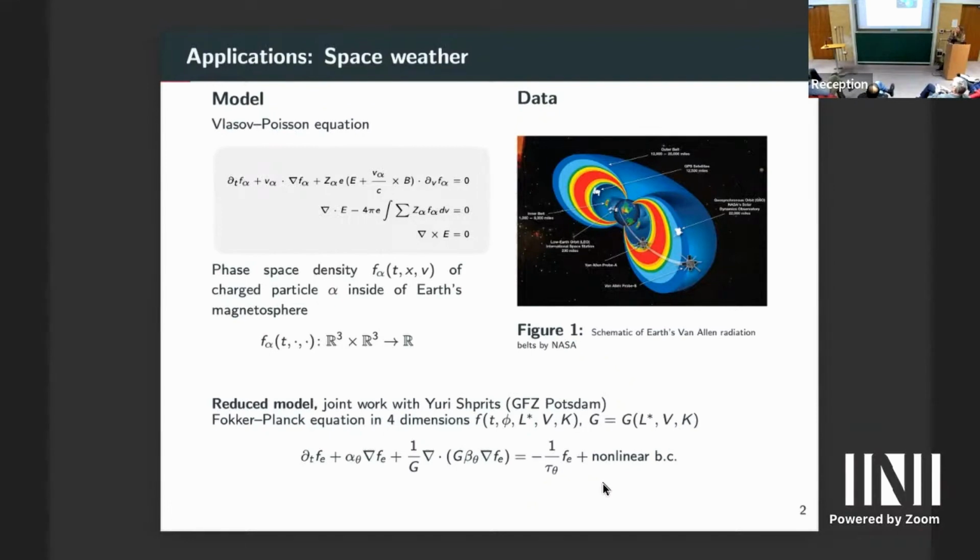One project we're currently working on is space weather. Despite also having the term weather, model-wise it has very different equations. What you're really trying to understand or predict is the phase space density. Basically, we want to understand the electrons that are around in belts around the Earth.